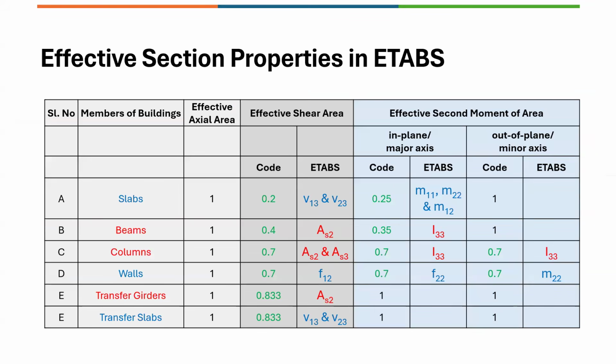So I have summarized the modifiers specifically for concrete buildings in this table of the slide. So blue colors are area objects, and then red colors are for frame objects.